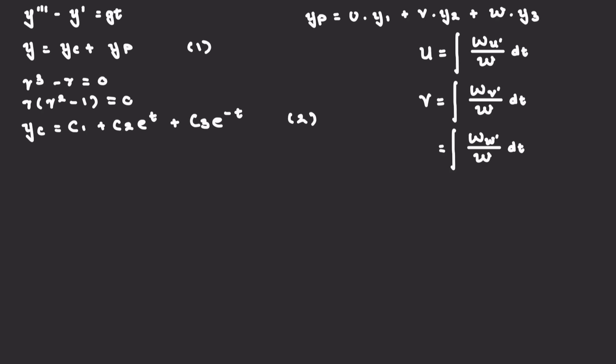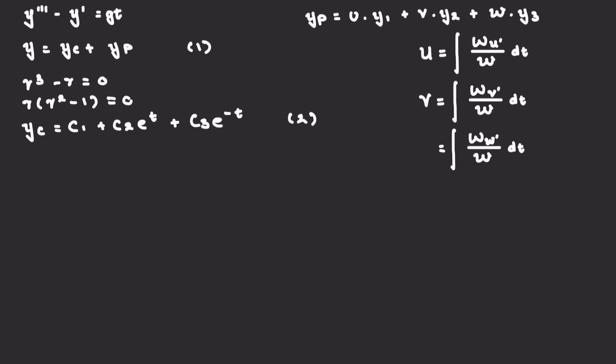And so we've solved for the homogeneous part. Now let's solve for the non-homogeneous part. Before solving it, see here that we're going to use this formula: our yp is equal to u times y1 plus v times y2 plus w times y3.